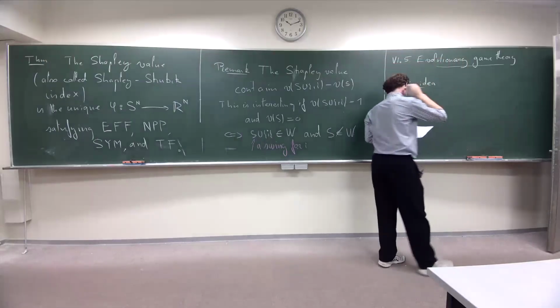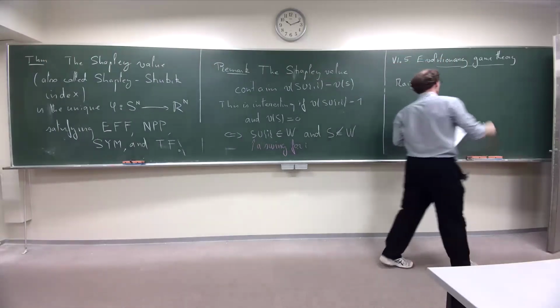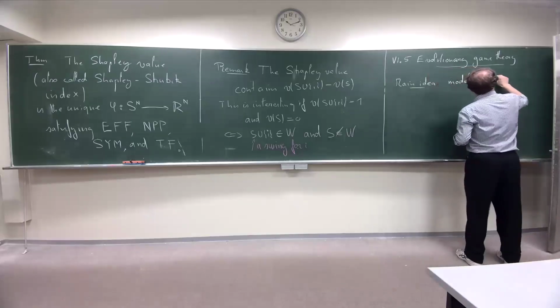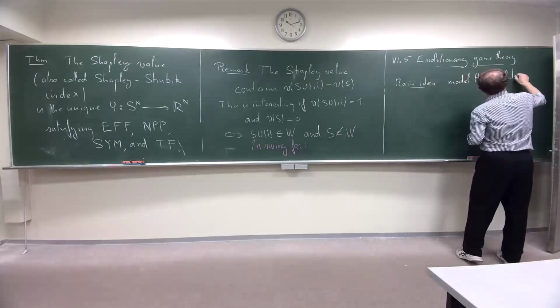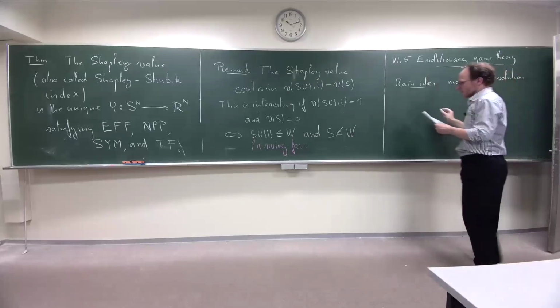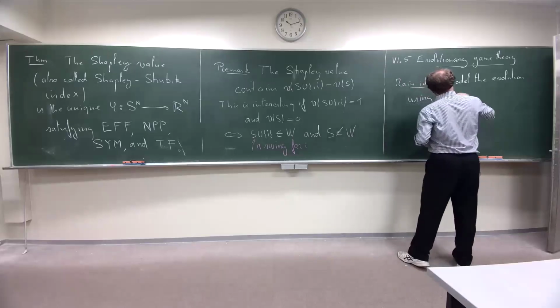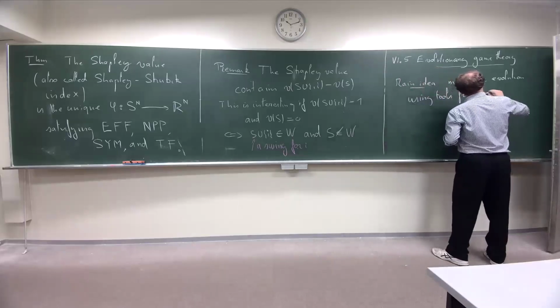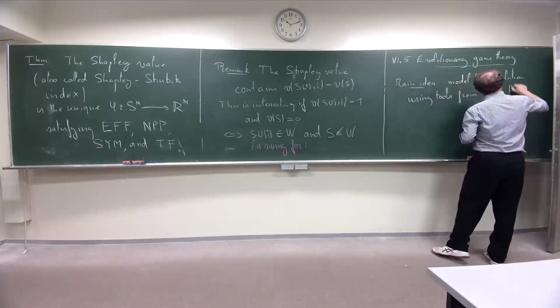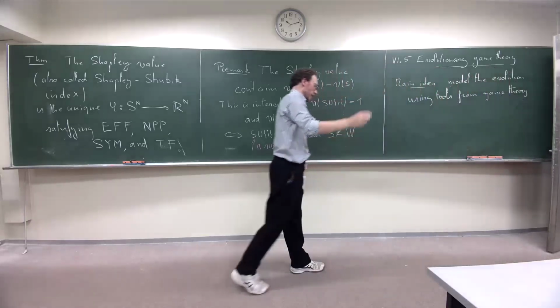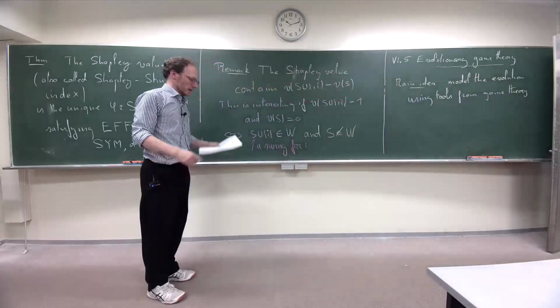So the main idea: you cannot really explain, but at least you can describe and model the evolution of species or individuals using tools from game theory. And we will just see that, at least as a first approximation, it works. And of course, then the literature is very large.